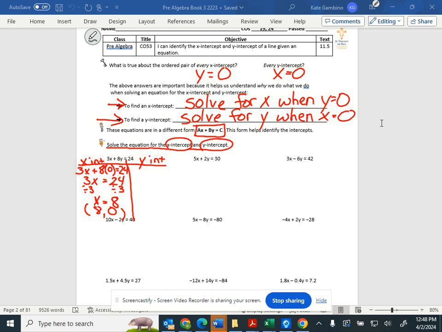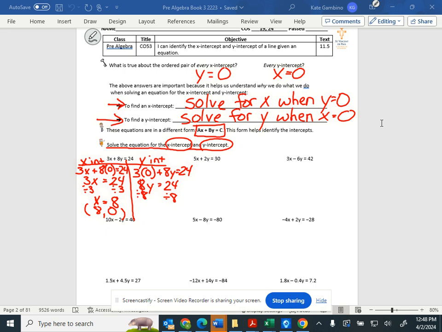Okay, so I would say 3 times 0 plus 8y equals 24. 3 times 0 is 0. So now I'm at 8y equals 24. And what do I have to do to find my y, Gabe? Yeah, I need to divide both sides by 8.